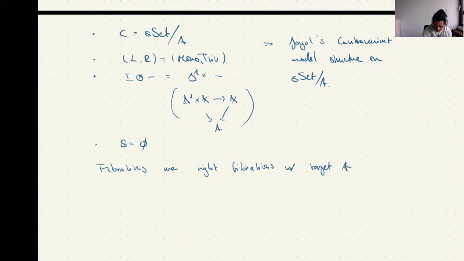So just to recall, right fibrations are those maps of simplicial sets where you can lift against horn inclusions, where k is supposed to be strictly greater than 0, but can be n.